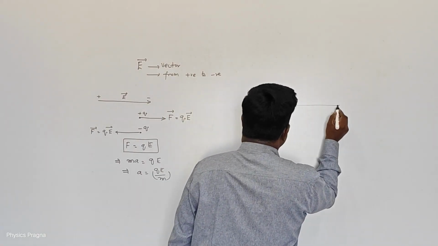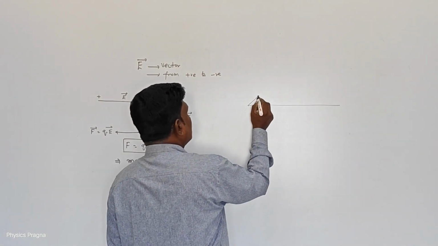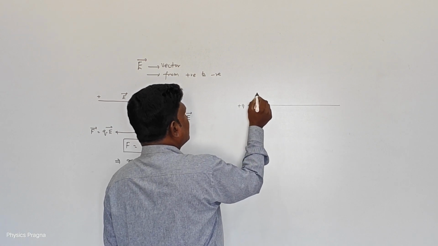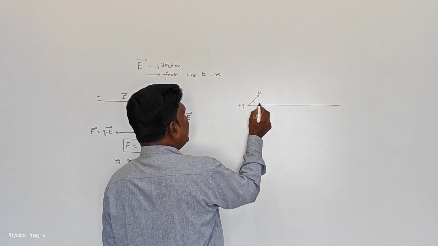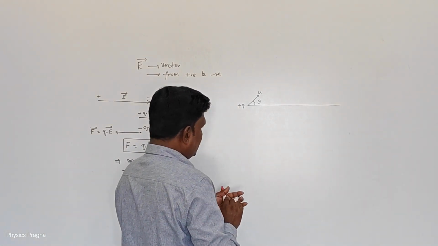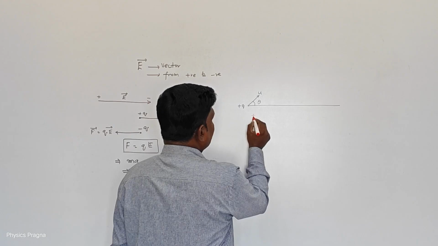Suppose this is the ground, and a charged particle plus Q is projected into the air making angle theta. Here a positive charge is there.